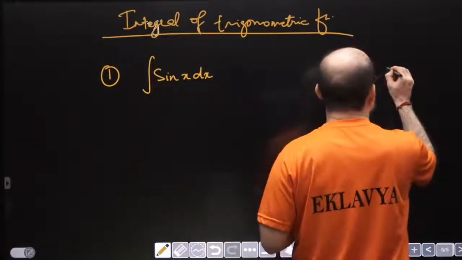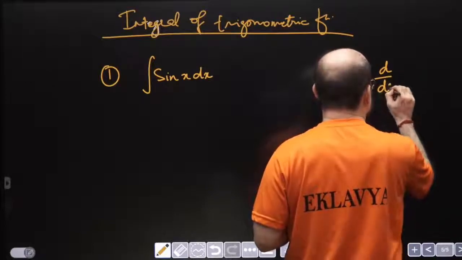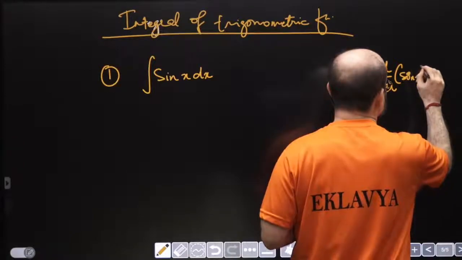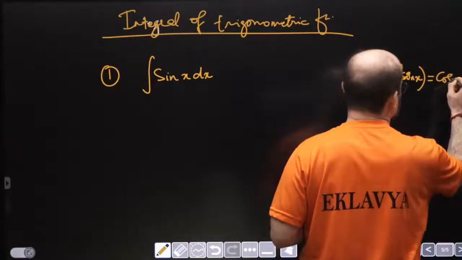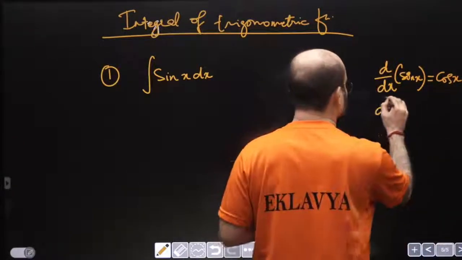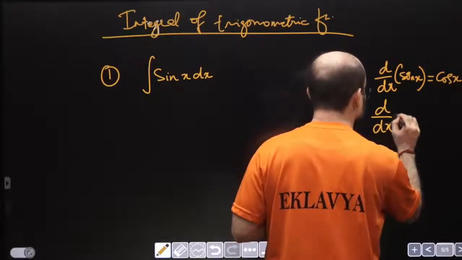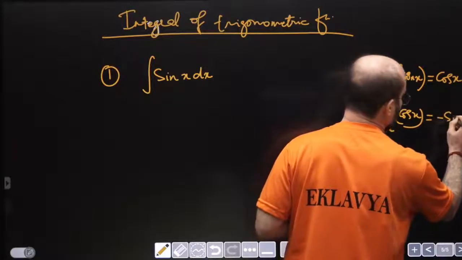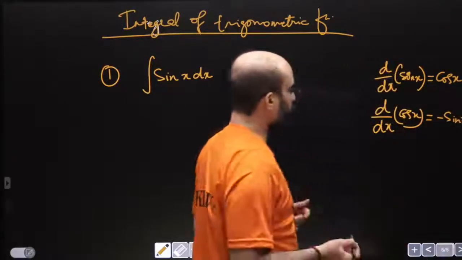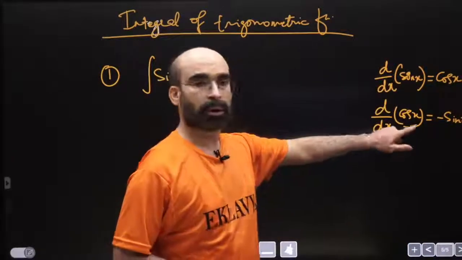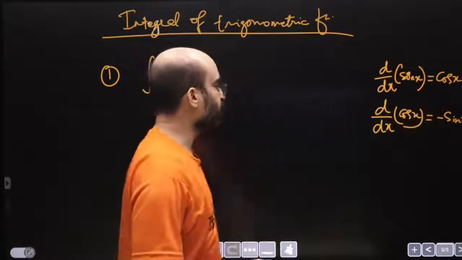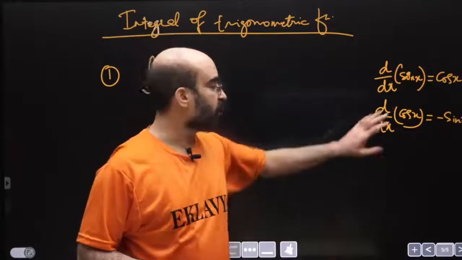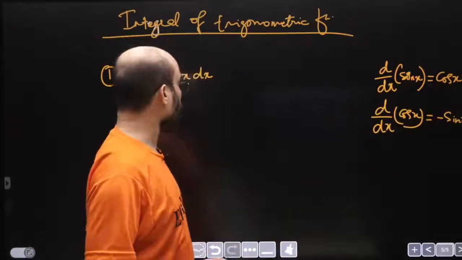You know that differentiation of sine x is cos x. Okay, differentiation of cos x is minus sine x. So this gets reversed, opposite.